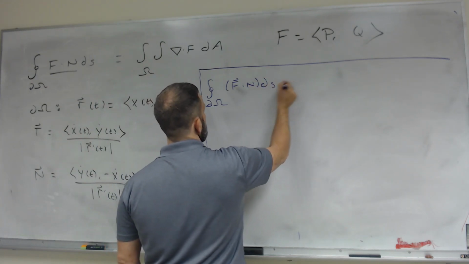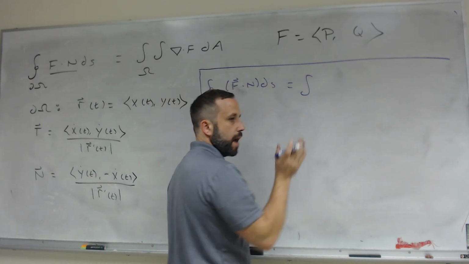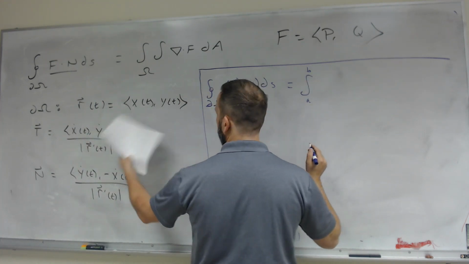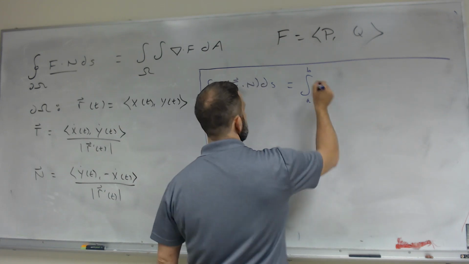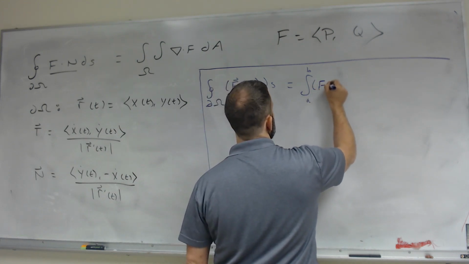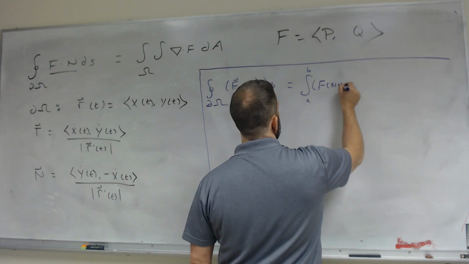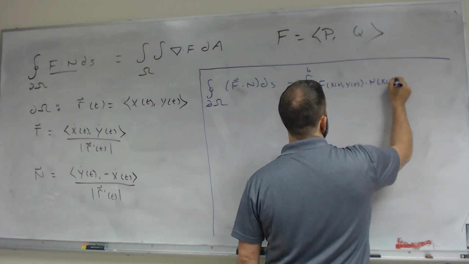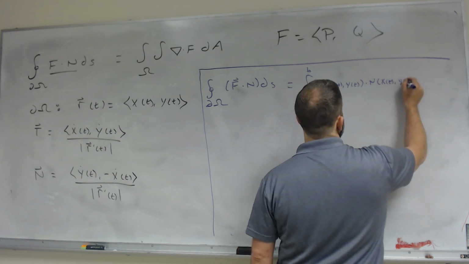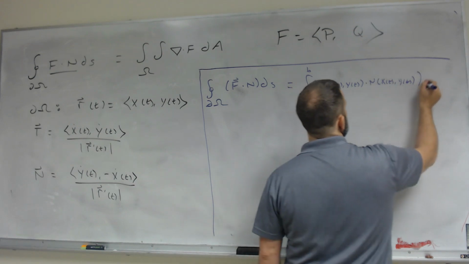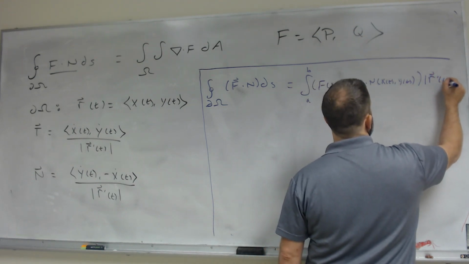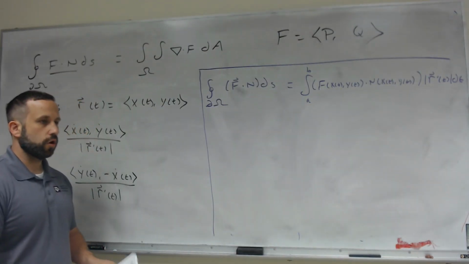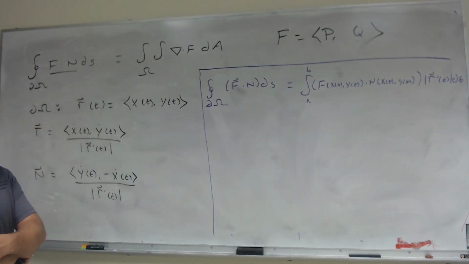If I have a parameterization of the boundary that goes from a to b, then this is going to be f of x of t, y of t, dotted with n of x of t, y of t, times the magnitude of the vector. Okay, this is just the normal line integral formula.